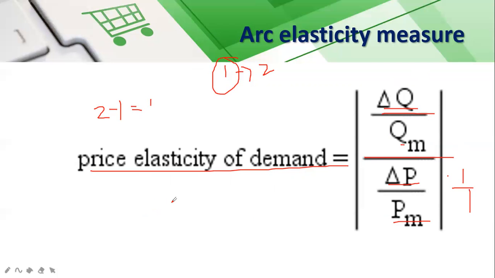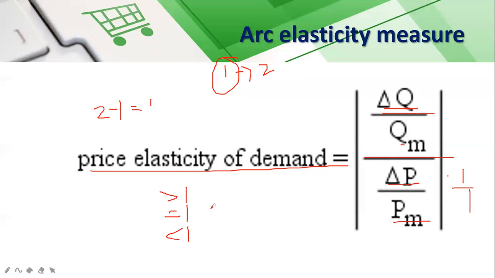So when we say greater than 1, it is elastic. When it is equal to 1, the price elasticity of demand is unit elastic. And if it is less than 1, it means it is inelastic. Okay? So always remember that.